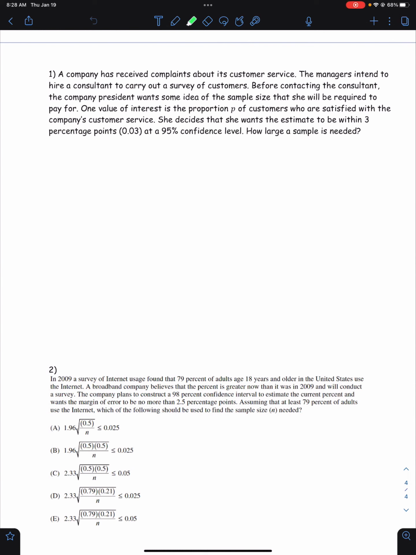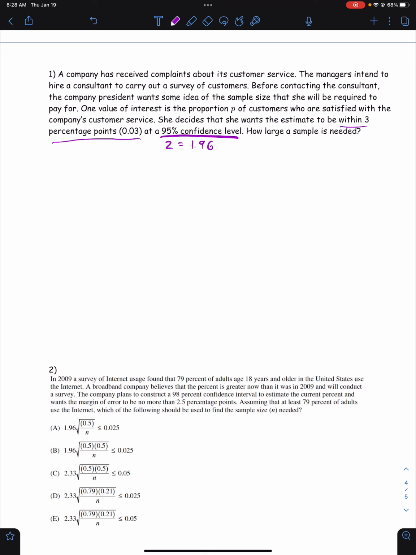So take a second and read this question. We're creating a 95% confidence level interval, so we know that the z-score is going to be 1.96. And we want the estimate to be within 3 percentage points.